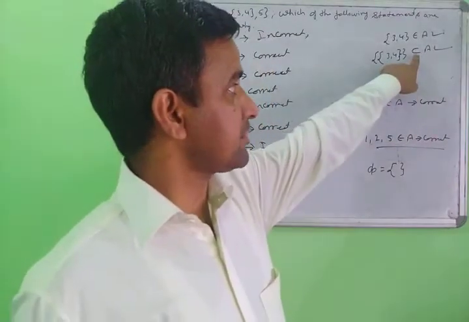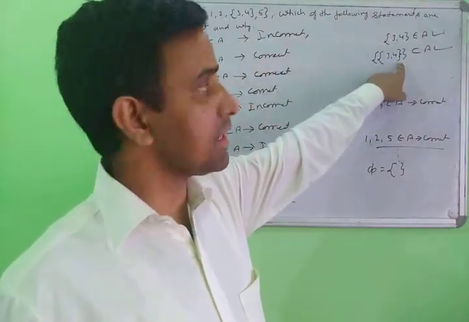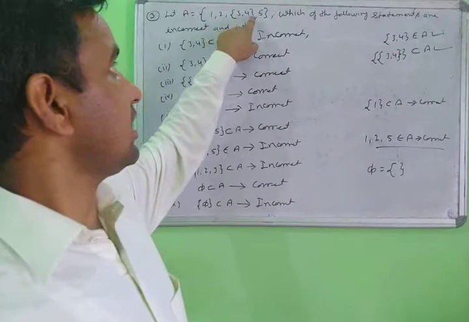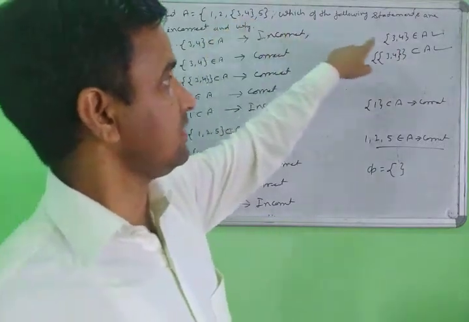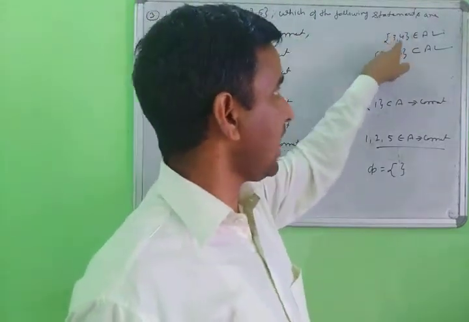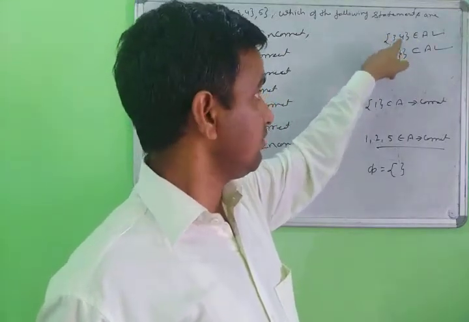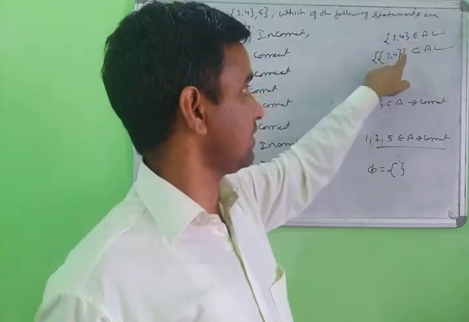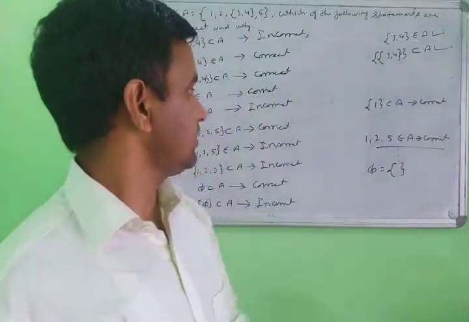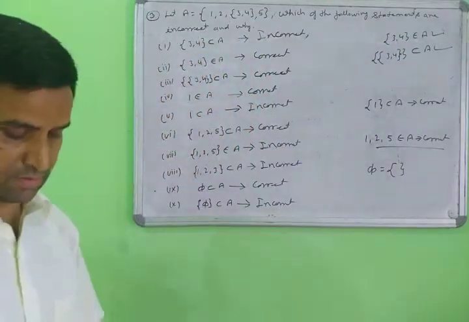When you write the subset form, use the double curly bracket, because one curly bracket is already there. Then this is the form of the element. This is not the belongs, this is the subset form. Yes, note down. Then next question.